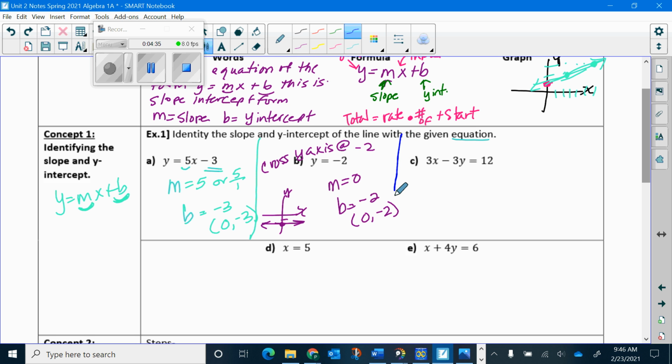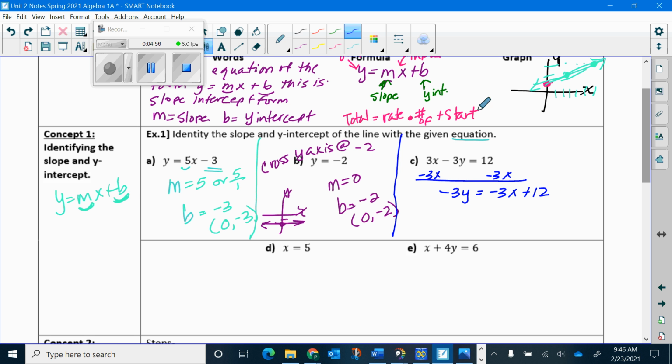The next one, I'm going to put a little line down the middle here. All right, the next one needs some rearranging because it's not solved for y. So I want y by itself. To get y by itself, I'm going to move the x value to the other side of the equal sign. So minus the 3x, minus the 3x. And I end up with -3y equals -3x plus 12.